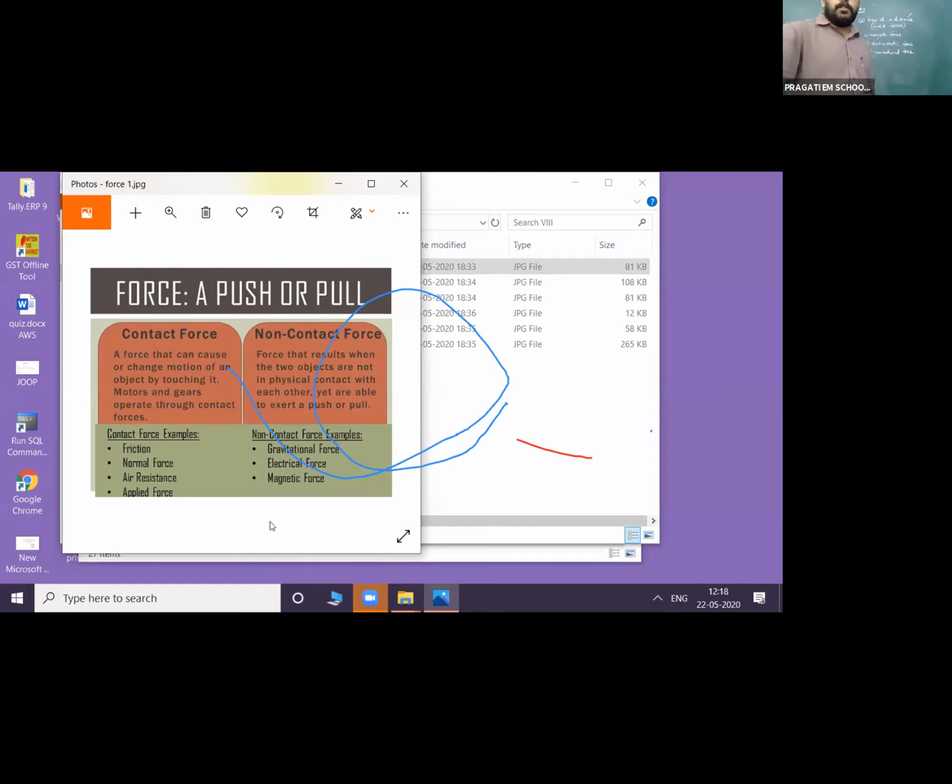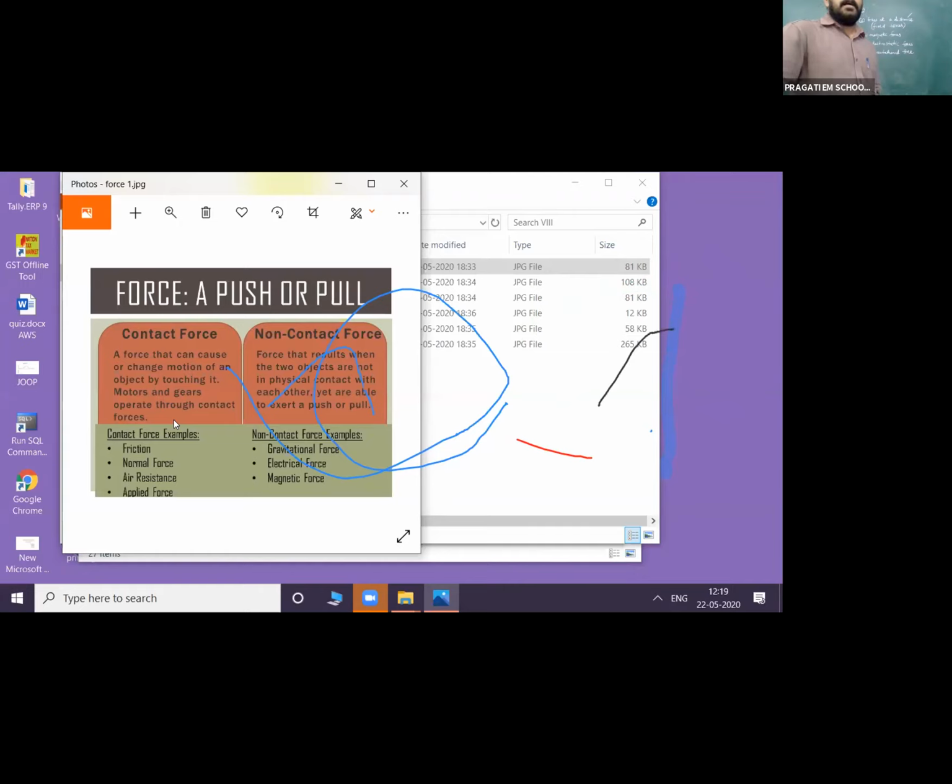So, contact force. See the definition for contact force: a force that can cause or change the motion of an object by touching it, by a direct contact. Motors and gears operate through contact forces.